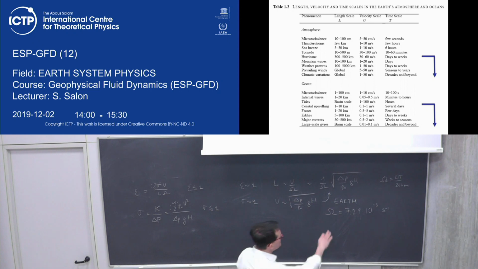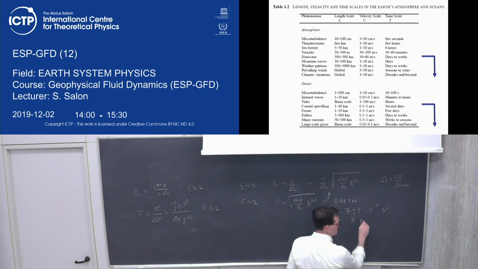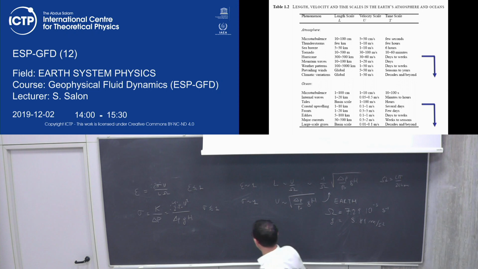But if you remember about 7.3 times 10 to the minus 5 second to the minus 1, it's good. Okay, g is 9.8. Always remember to put the unit of measure.